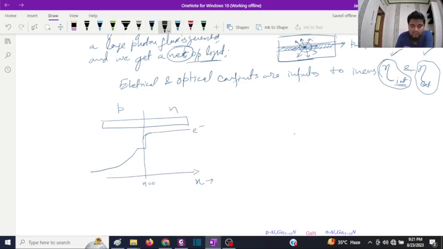Likewise, the hole concentration is very high on the p side, and then suddenly in the junction region it goes low, and then decreases, right? So this value will be Pn0, and this would be Np0.